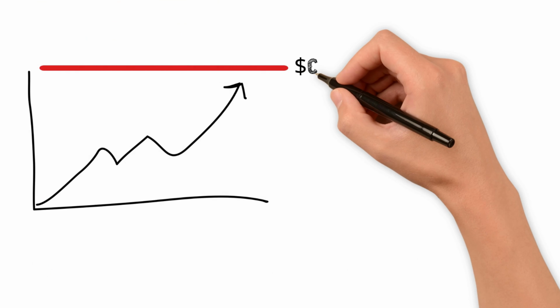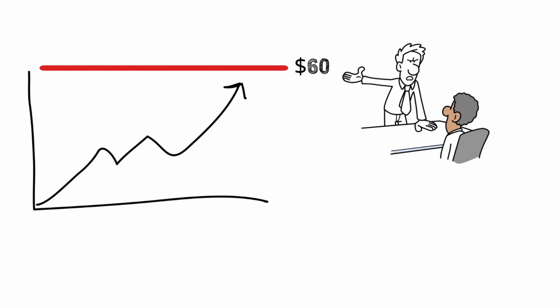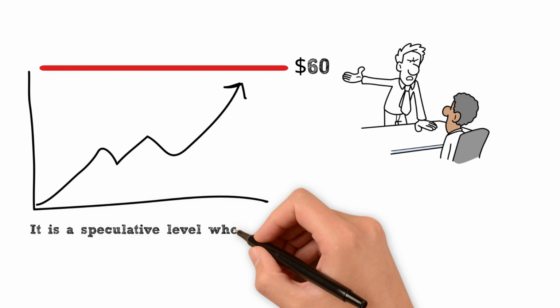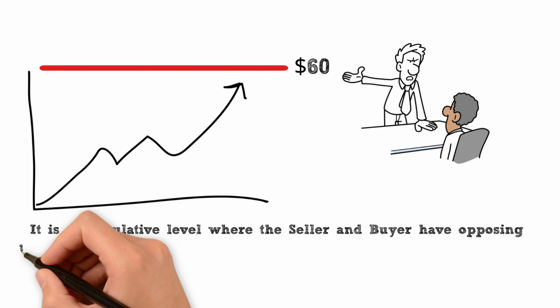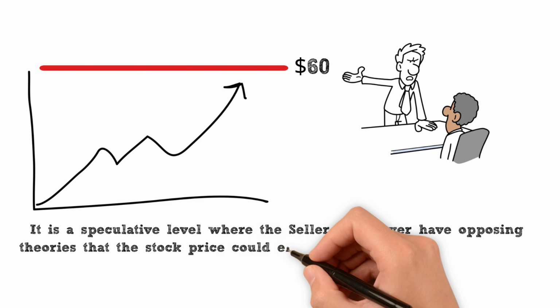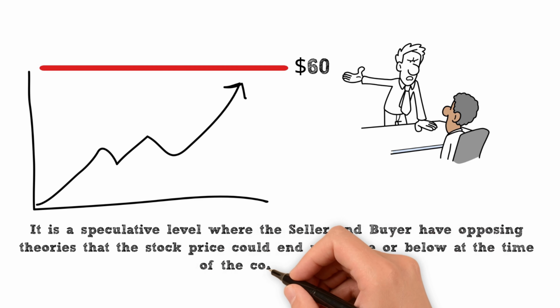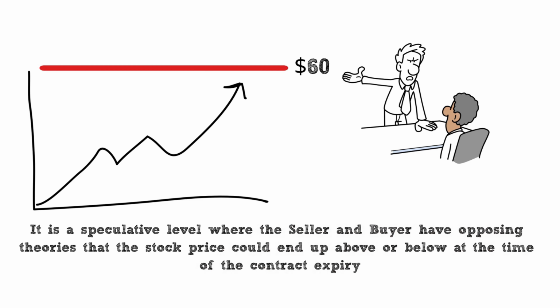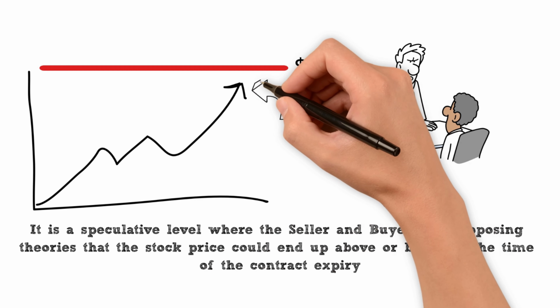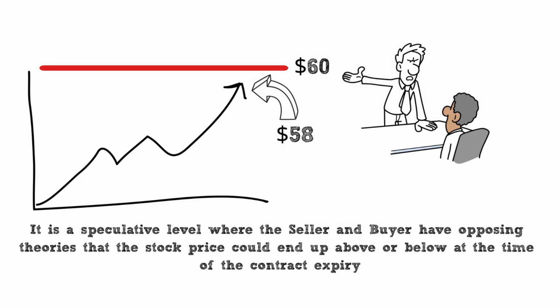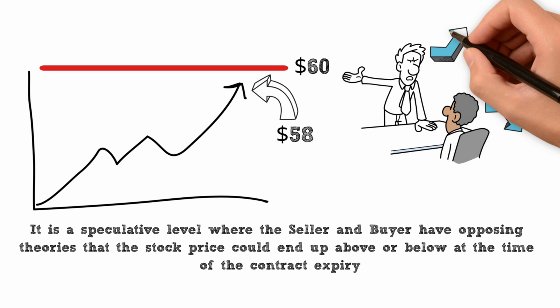The strike price is integral to the outcome of the contract. It is a speculative level where the seller and buyer have opposing theories that the stock price could end up above or below at the time of the contract expiry. For example, PayPal is currently sitting at $58 and the contract seller thinks price will stay under $60 in 5 days' time, and the contract buyer thinks price will go above $60 in 5 days' time.